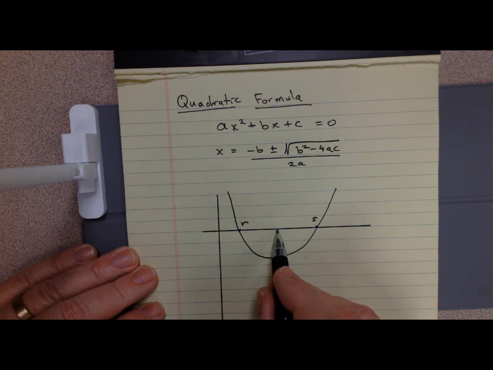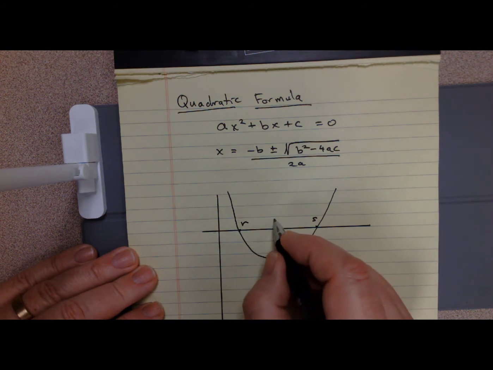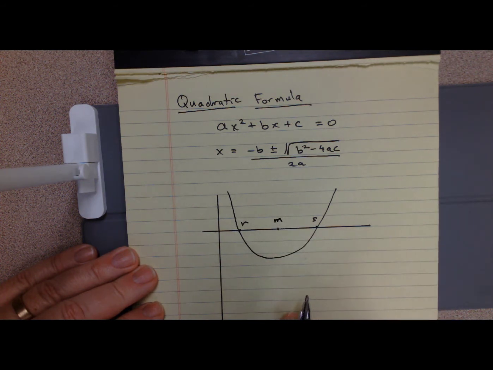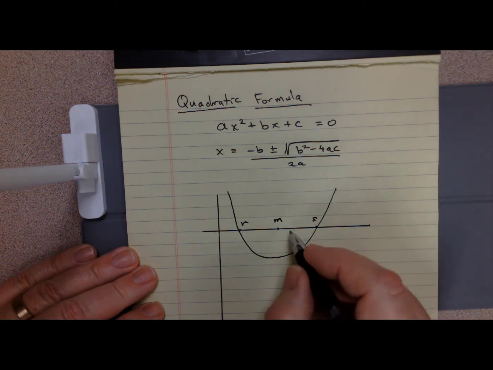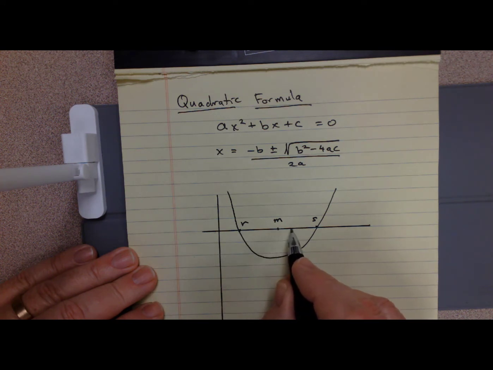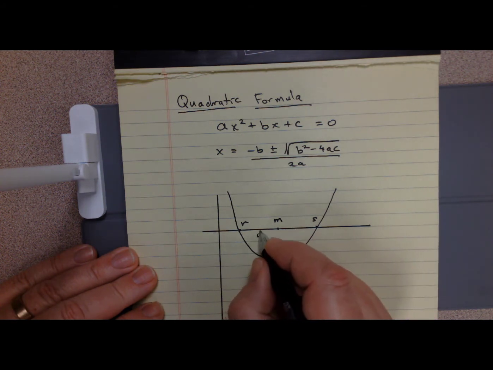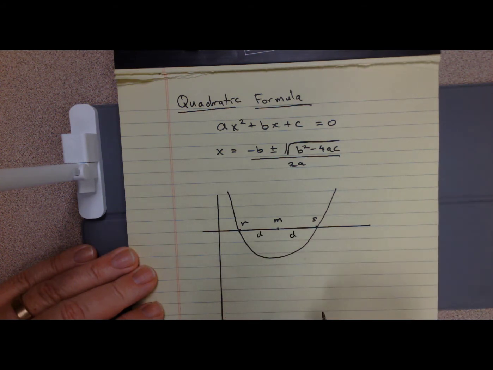Halfway between those two roots, by the symmetry of our parabola, is the vertex, and we can have the midpoint here. Since it's the midpoint, the distance from the lower root to the midpoint and the distance from the upper root to the midpoint is the same. Let's label those distances as d.